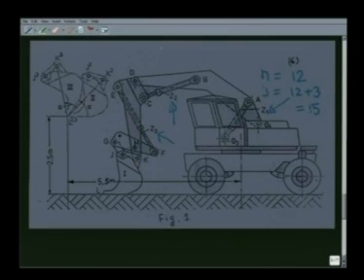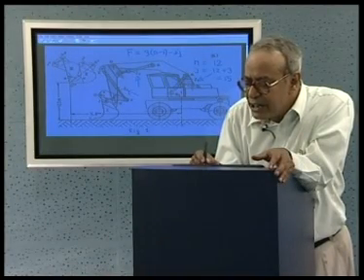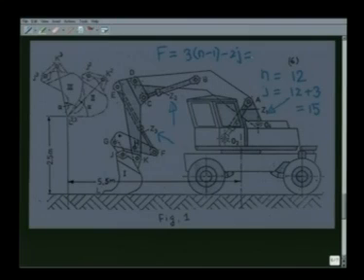Consequently, if we calculate the degrees of freedom of this mechanism, F equals 3 into (n minus 1) minus 2J, we get 33 minus 30, that is 3. So, it is a 3 degree of freedom mechanism with 3 independent inputs.